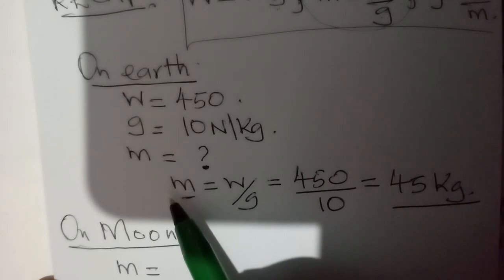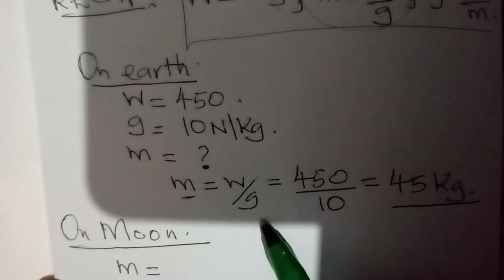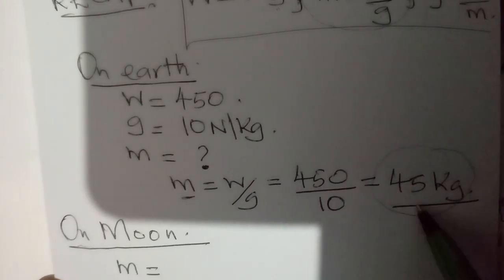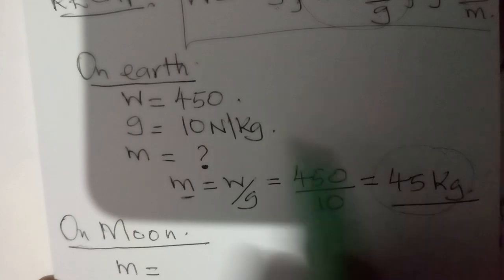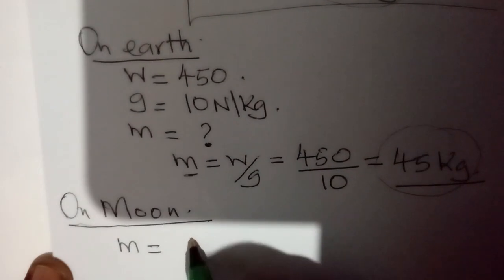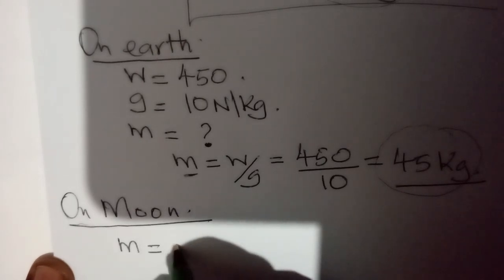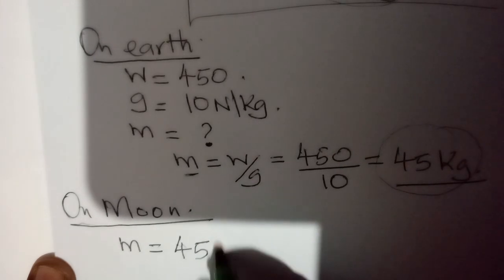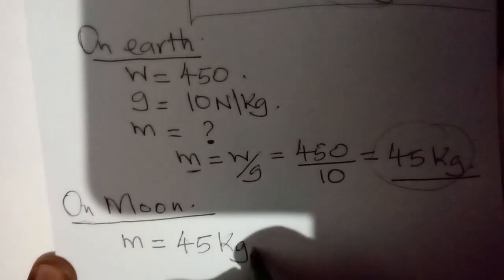So if the mass of the astronaut is 45 kilogram on Earth, the astronaut will have the same mass on the moon surface. So the mass of the astronaut on the moon surface will be 45 kilogram.